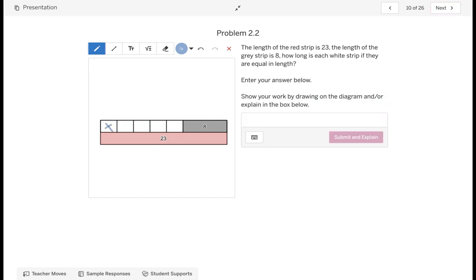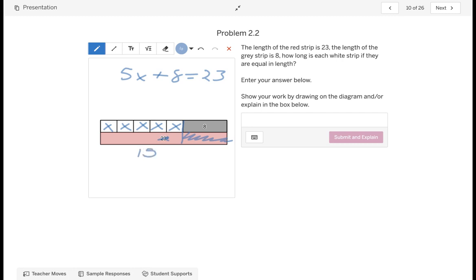Okay, now I'm going to solve for it. So I know the equation is 5x plus 8 equals 23. If I were to cut away this 8 from here, this would no longer be 23.